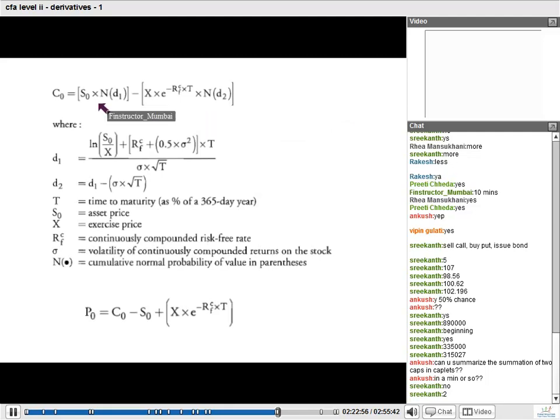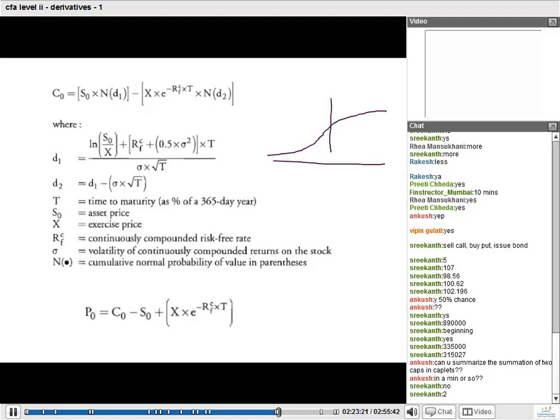It says the price of a call option is given by S N(d1) minus K or X e raised to power minus RT N(d2). So N is the cumulative normal distribution. N is a distribution like this.